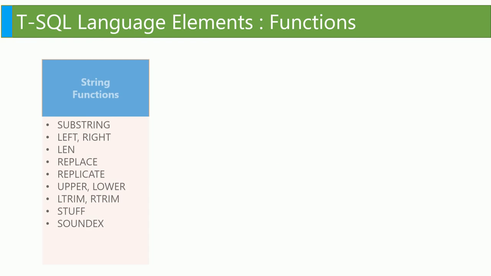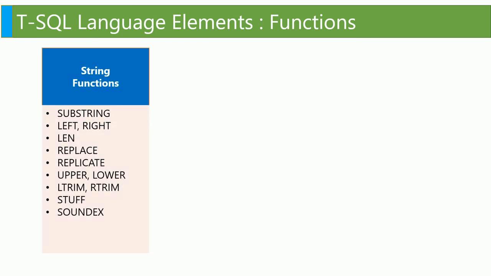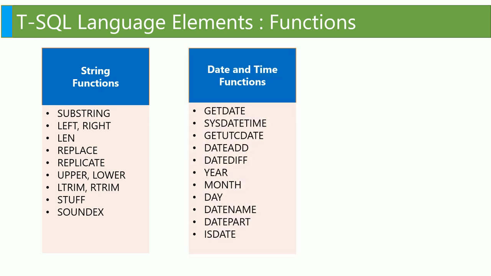Now the T-SQL language elements of functions. String functions include SUBSTRING, LEFT, RIGHT, LEN, REPLACE, REPLICATE, UPPER, LOWER, LTRIM, RTRIM, STUFF, and SOUNDEX. Date and time functions include GETDATE, SYSDATETIME, GETUTCDATE, DATEADD, DATEDIFF, YEAR, MONTH, DAY, DATENAME, and DATEPART.